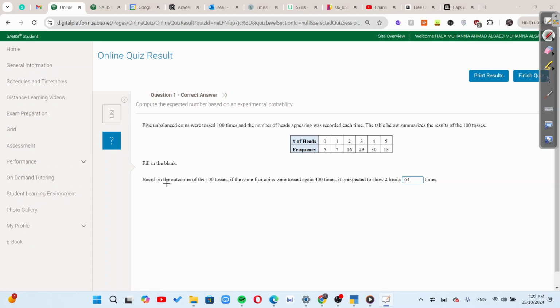Based on the outcomes of the 100 tosses, if you flip the same 5 coins again, but 400 times, how many times are you supposed to get 2 heads?